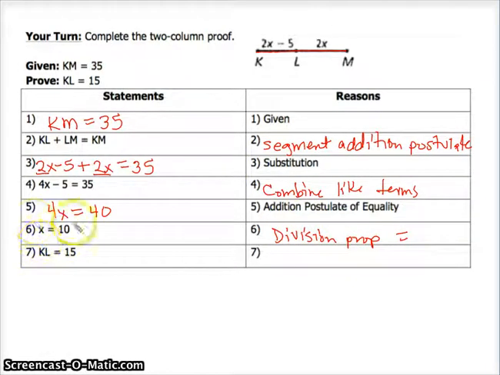Now I found out that x is equal to 10. Now I've got to figure out what KL is. So I'm going to take 10 and substitute it in up here, and I'll find out that KL is 15. So that is the substitution property.